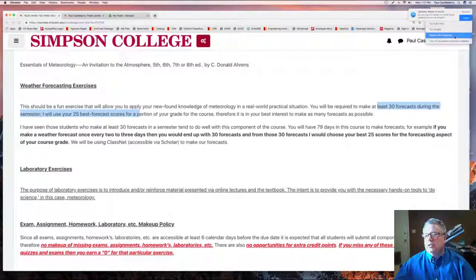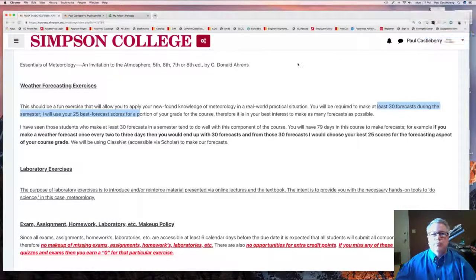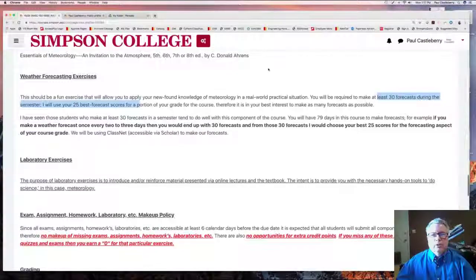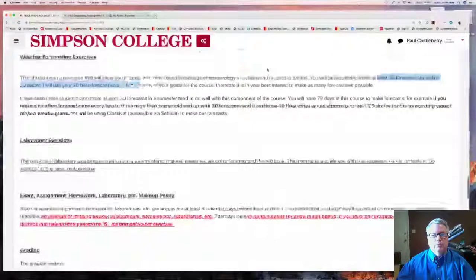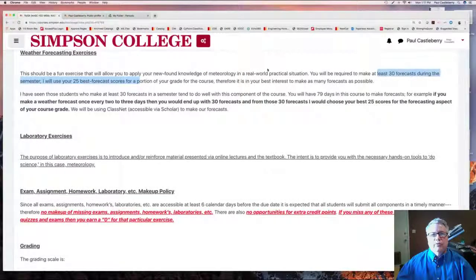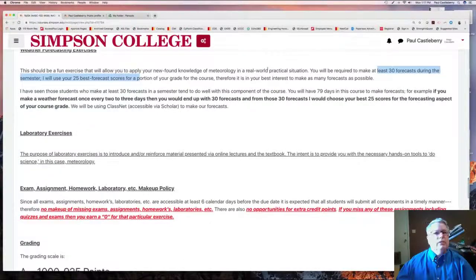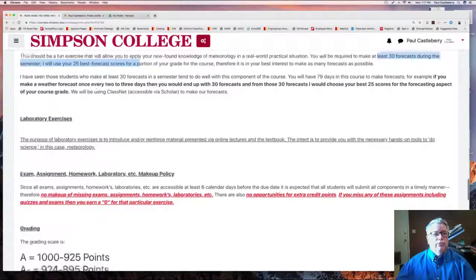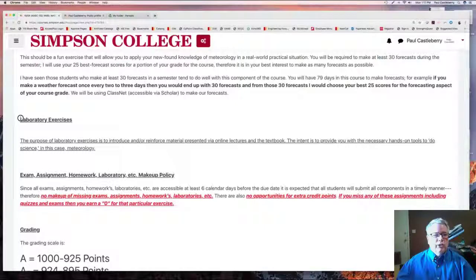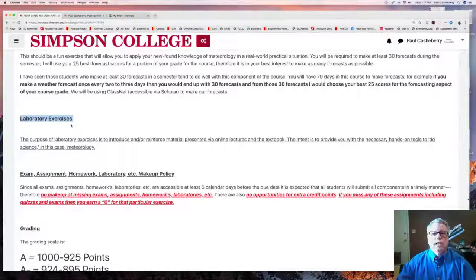So the key is to make forecasts. Probably to start off with, I'd probably do 2 to 3 forecasts a week for the first couple of weeks. And again, I'm going to teach you how to forecast the weather. We're going to use laboratory exercises early on to learn how to make weather forecasts.